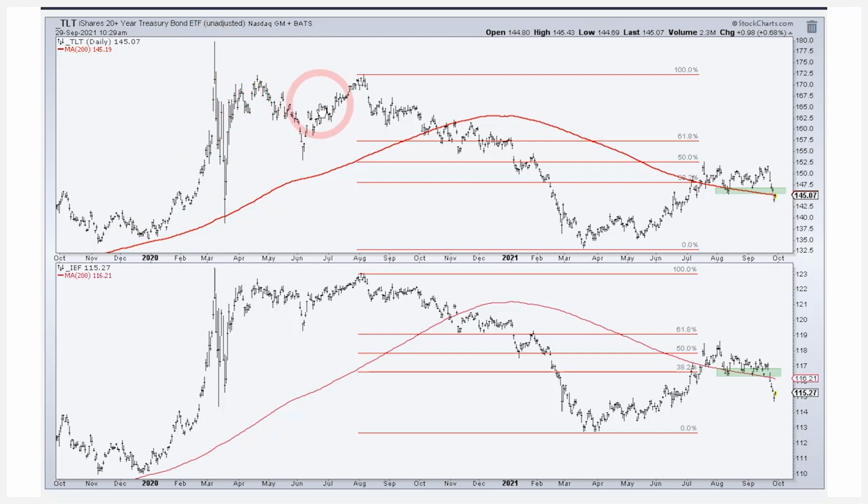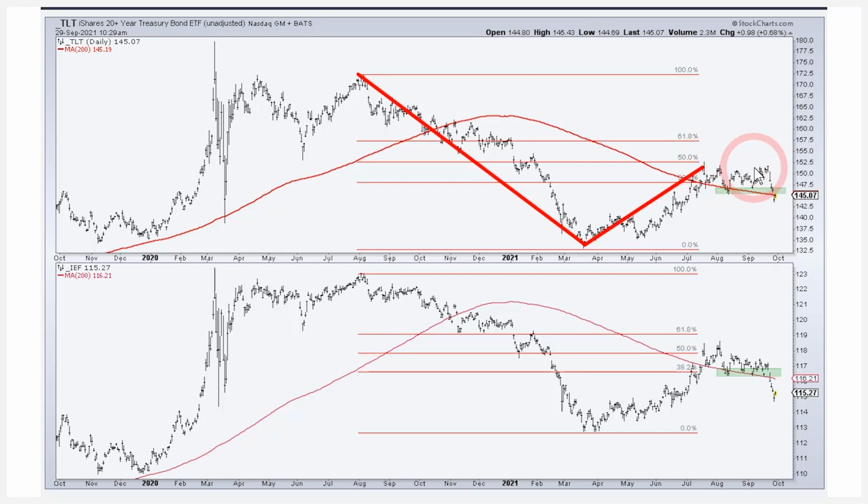And then a lot of volatility, and then a very sharp decline in the Treasury bond, and then a bounce. And then you can see that bounce retraced around 50%. So what I view this as a primary move lower, a secondary move higher, and secondary moves typically retrace 1/3 to 2/3, with 50% being the base case.